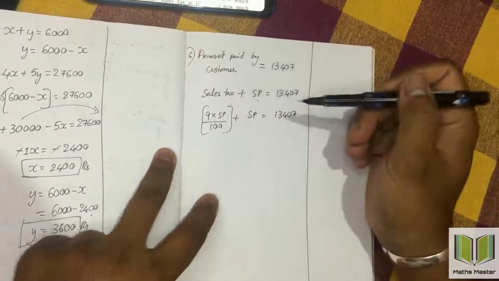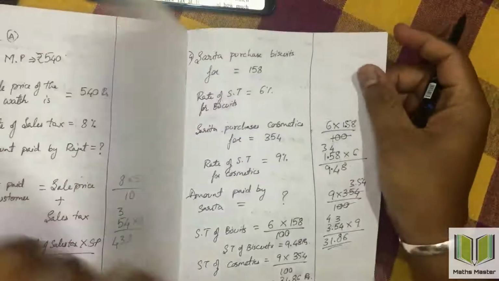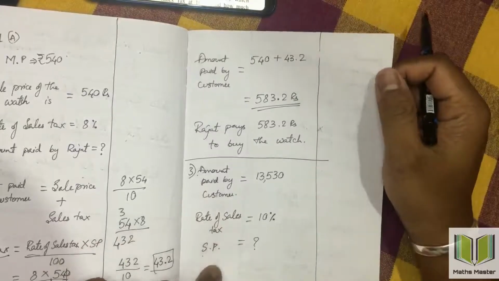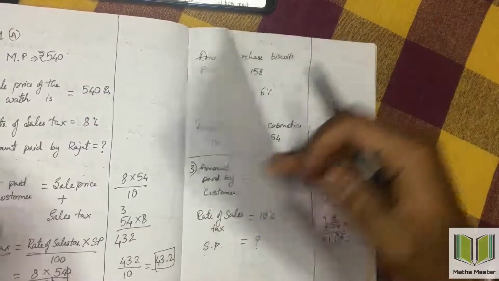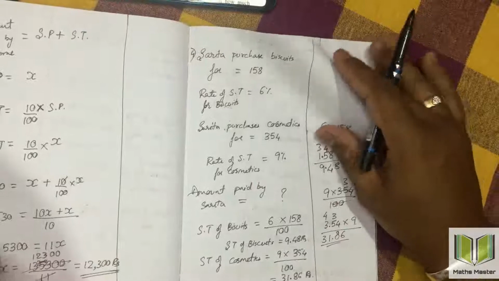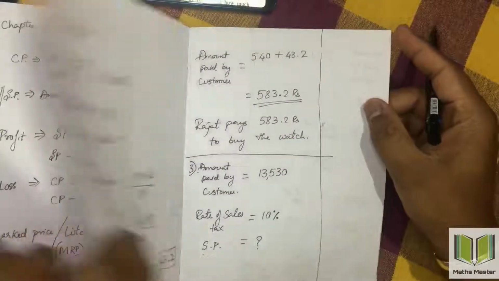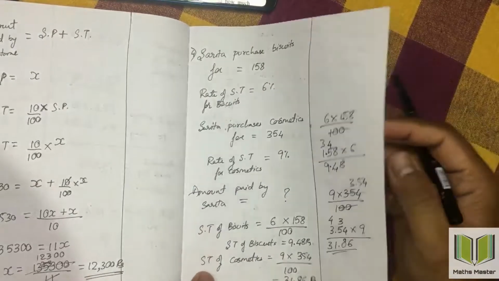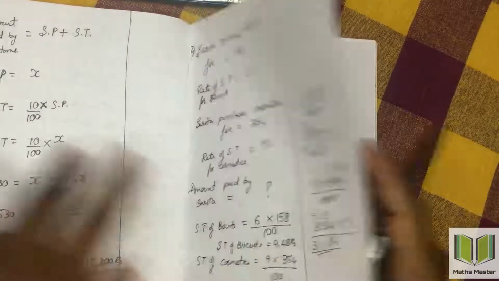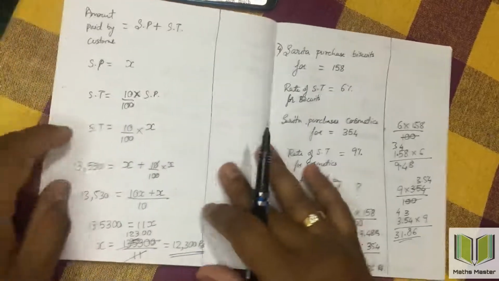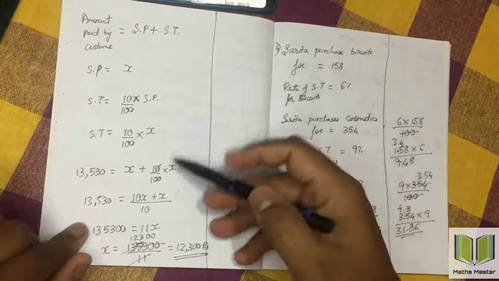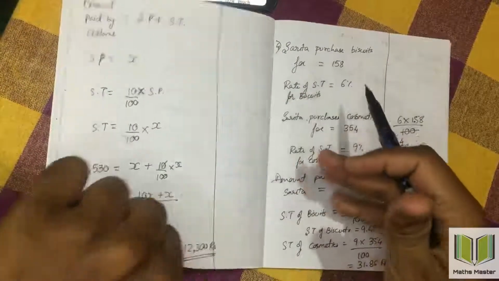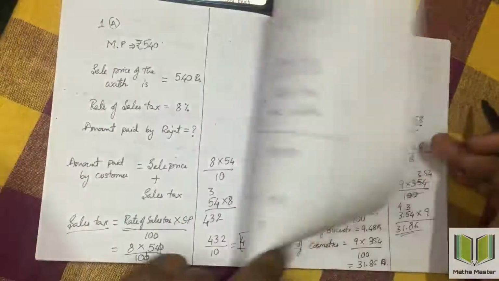I'm not doing it as a separate problem. Previously, we had a similar kind of problem in this exercise where it was done by taking them separately. Yeah, in this one, we assumed sale price is equal to X. The third problem is similar to this one.